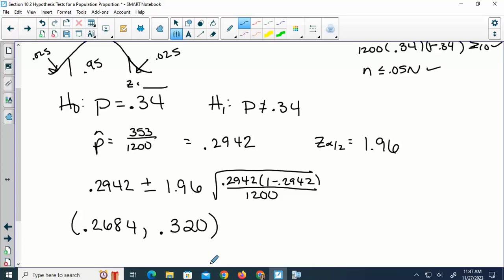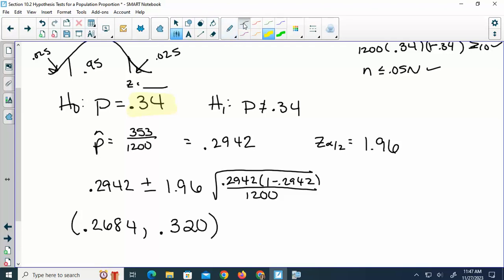Okay, so we have to look. If the null hypothesis is in this interval, we fail to reject. If it is not, then we reject. So we are 95% confident the proportion falls between these values. Is my null 0.34 in this interval?